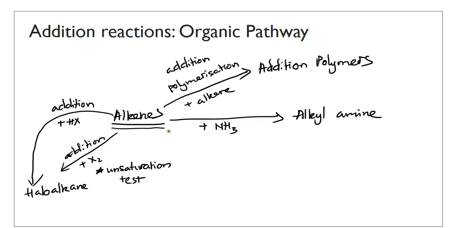You can add H2O, with condition H3PO4 catalyst and 300 degrees Celsius. That's going to produce alcohol.